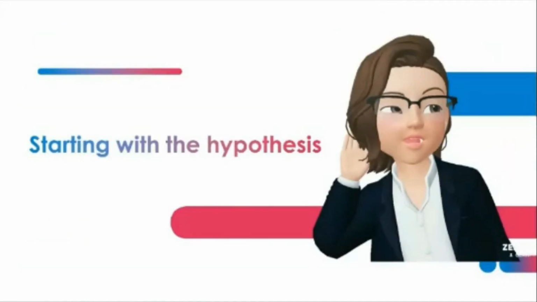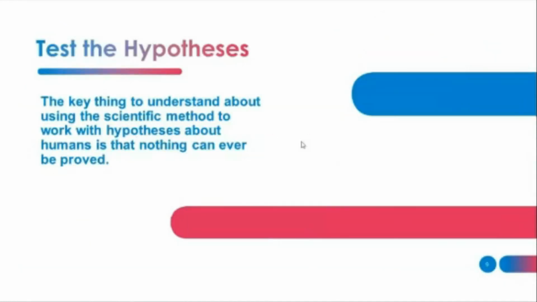Starting with the hypothesis. So, test the hypothesis class. So, this is the first. So, the key thing to understand about using the scientific method to work with hypothesis about humans class, is that nothing is ever to be proved.